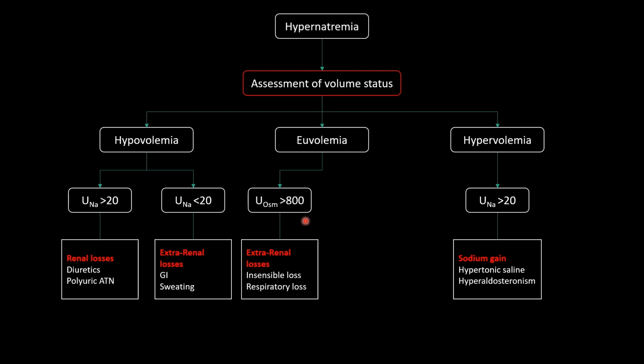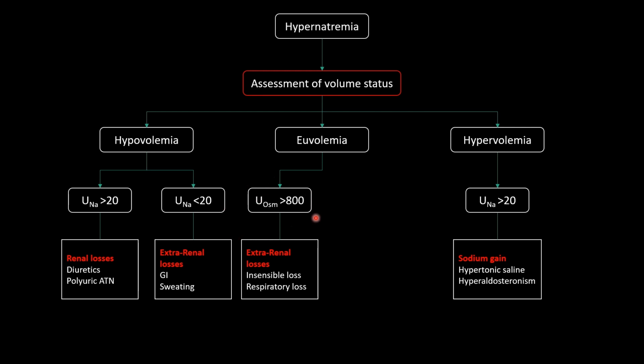So already there is excessive water loss from the body from other sides, so the kidney cannot be allowed to excrete a lot of urine, because that will lead to further water deficit from the body. So the kidney is trying to retain some amount of volume inside the body as a compensatory mechanism by excreting a concentrated urine. So that is causing the urinary osmolality of more than 800.